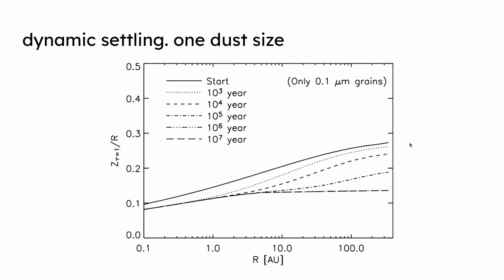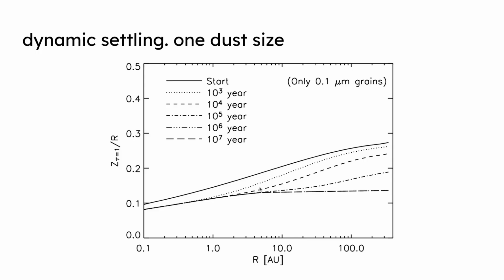And this can be seen very well on this plot, which is the position of the tau equals 1 line, again at the same wavelength, and how it evolves with time. So this is how it is at the start. In the inner region it very quickly settles to its position, but in the outer region it goes to this position in 10 to the 5 years, and then in 10 to the 6 it's this constant that starts at I think 7 AU.